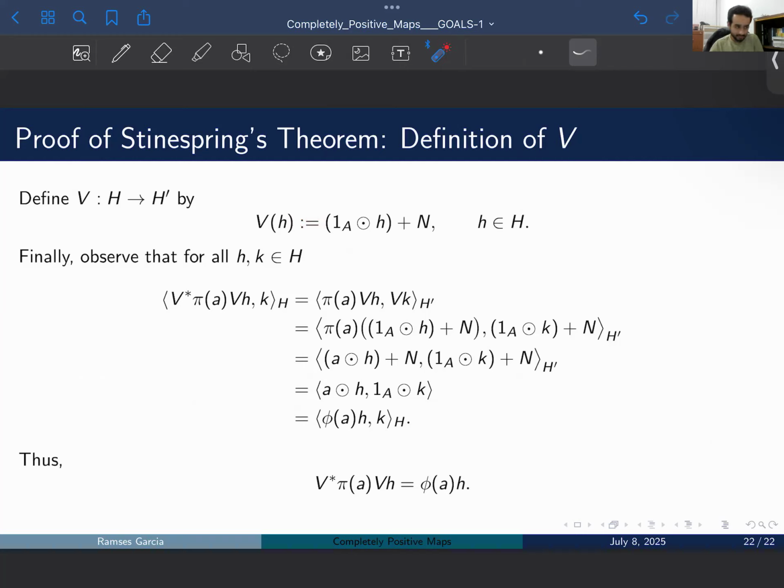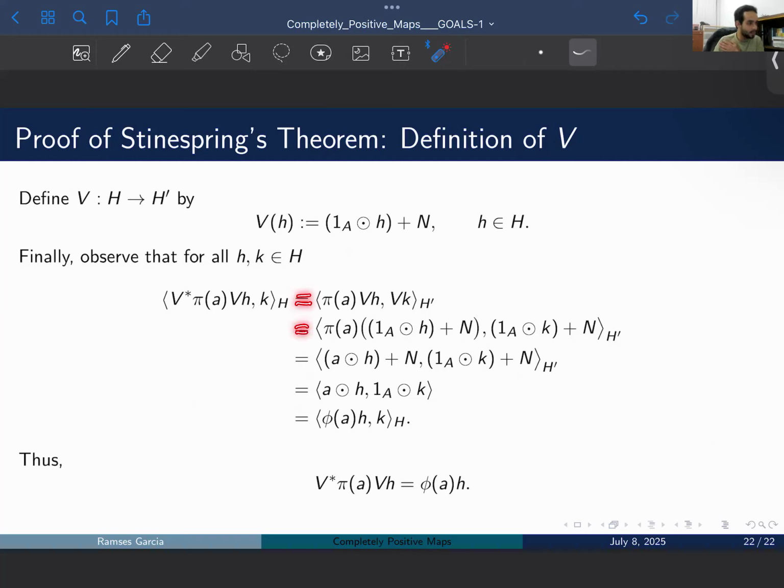And finally, the last part is to show that V star P(A) V is equal to Phi(A). To show this, we are going to use the inner product of H. Consider h and k elements of the Hilbert space, and note that this element, taking the adjoint, is equal to this one. I'm just moving V to the other side.